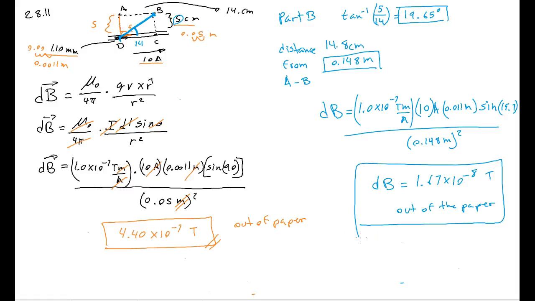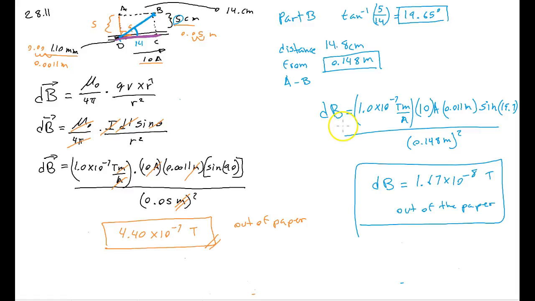For part C, it is from D to C. And from here to here it looks like it's 180 degrees, or, I'm sorry, it looks like it's 0 degrees. So 0 degrees, so sine of 0 is 0.